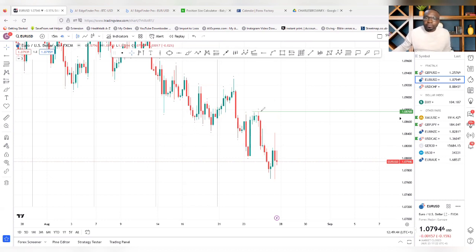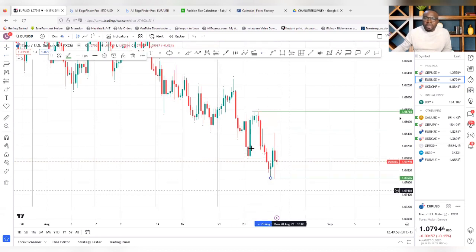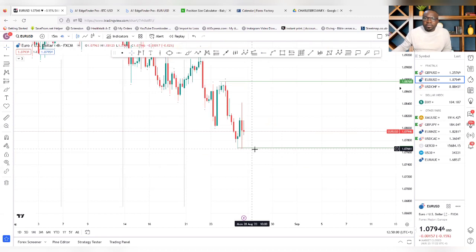Okay, now having understood that we are on a bearish momentum, we saw the market move from this zone and break this. This was a previous structure break. So now we have this new low at this level.